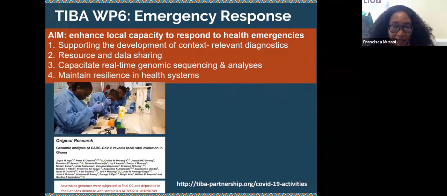And we have been really pleased that due to the networking abilities and the trusted partnerships we've been working in, several TIBA partner countries have used this TIBA resource in order to sequence their SARS-CoV-2 viruses at the moment. So these include TIBA Botswana, TIBA Kenya, TIBA Rwanda, and TIBA Ghana.